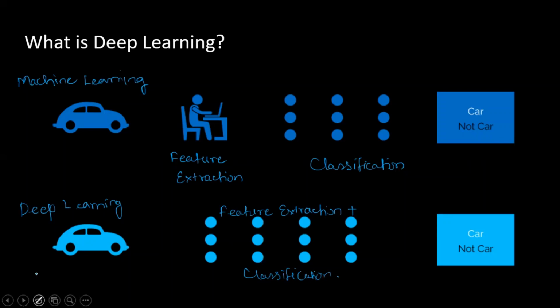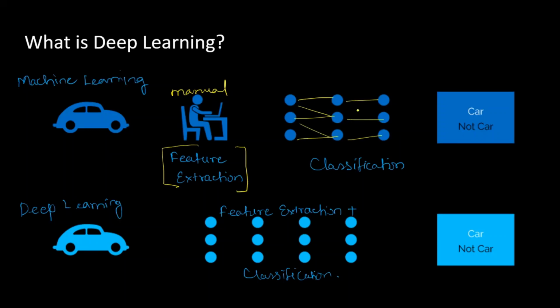I will change the color also. Here, feature extraction in machine learning is manual. You can see a person is sitting down and doing it. And the classification is done afterwards by the algorithm which we put, and then we will get to know whether it's a cat or a dog. So first it will go for feature extraction, which in machine learning we have to do manually. Then it will go to classification using some algorithms which we mentioned in machine learning. Afterwards, it will classify.